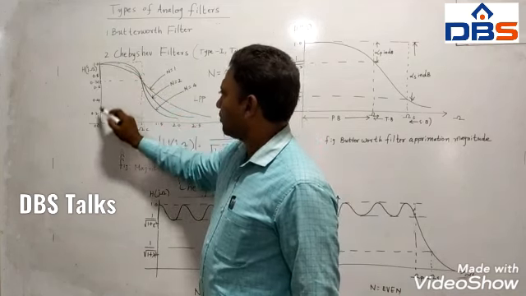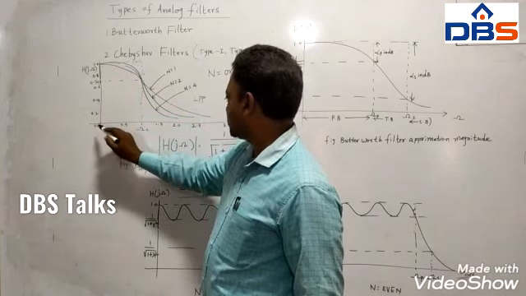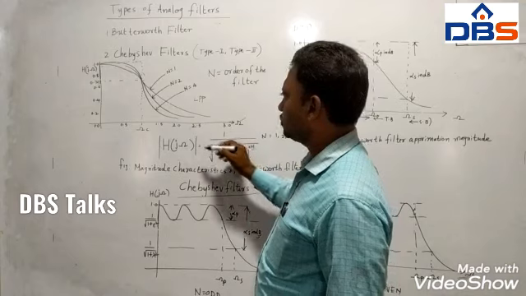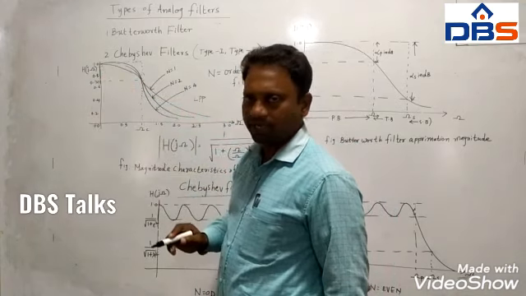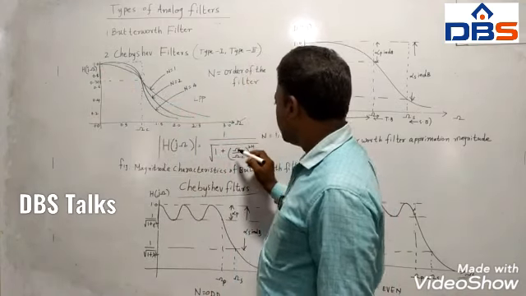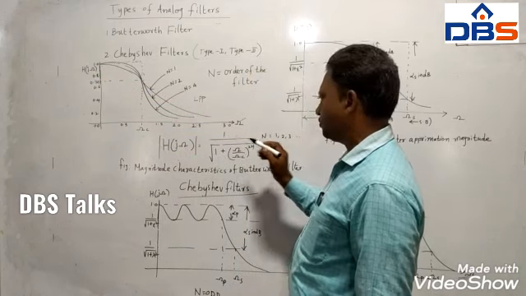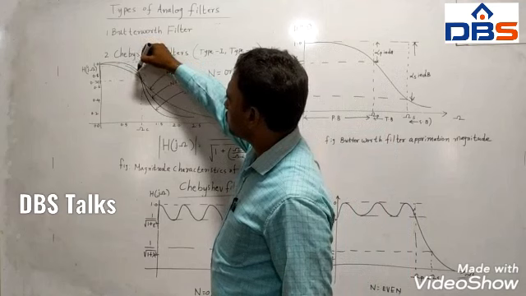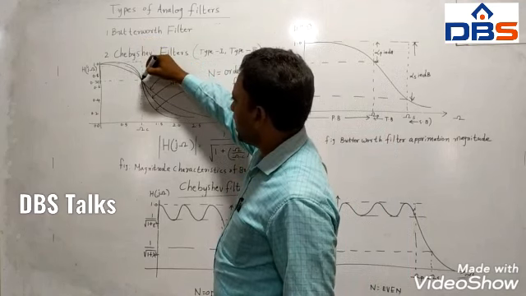At omega equal to 0 we get 1 by under root 1, which means maximum magnitude. As omega varies from 0 to higher values, the magnitude response slowly falls.